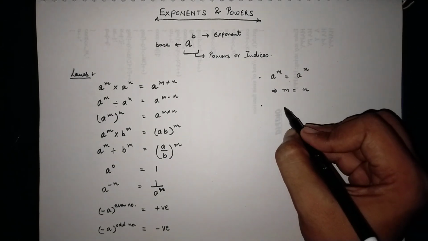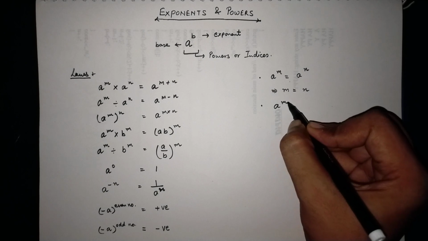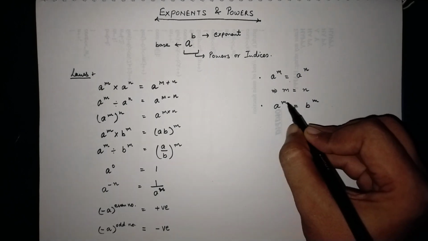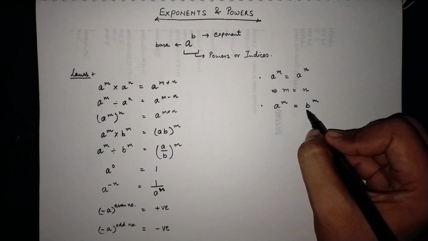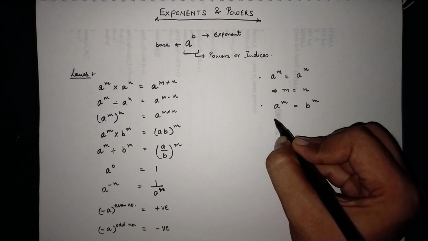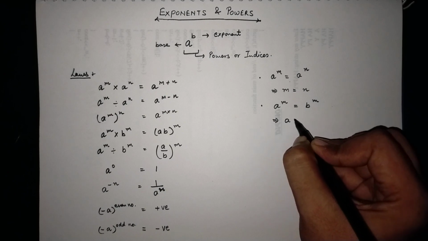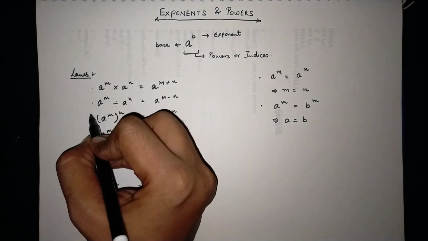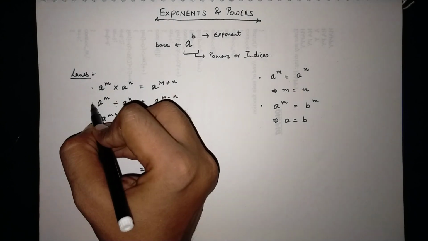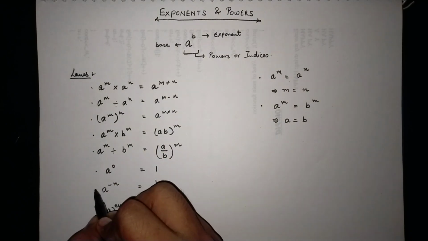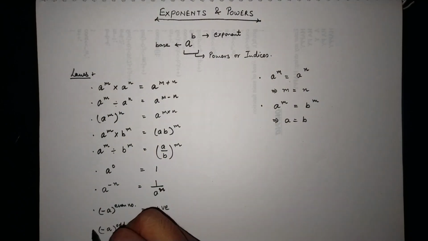In the next one, if a to the power m equals b to the power m, here the powers are same, the bases are not obviously equal, but both are together equal, therefore a equals b. So we have all these as the properties, or we say the laws of exponents, powers or indices.